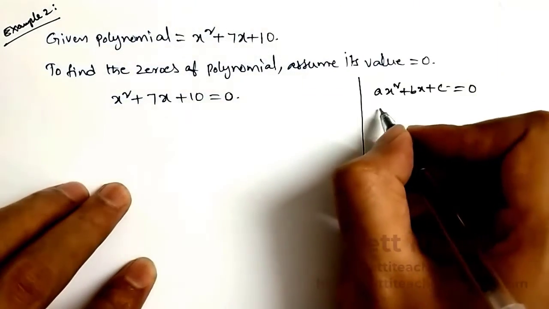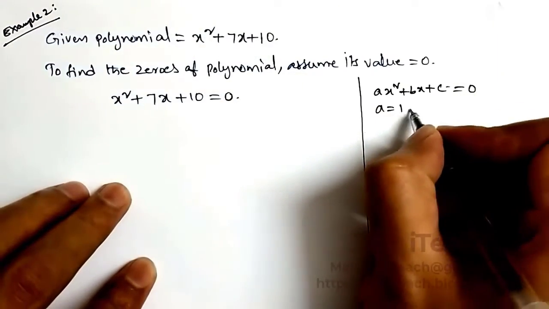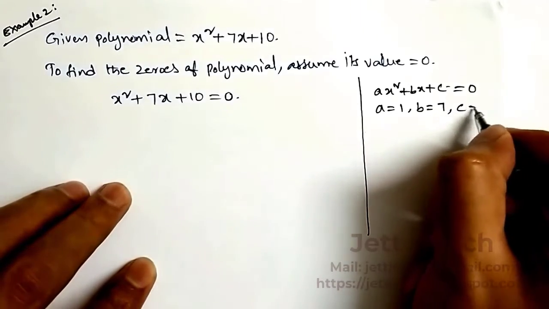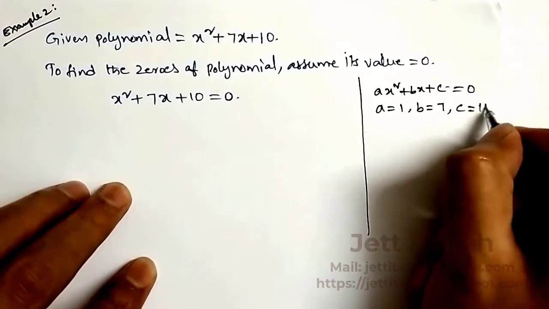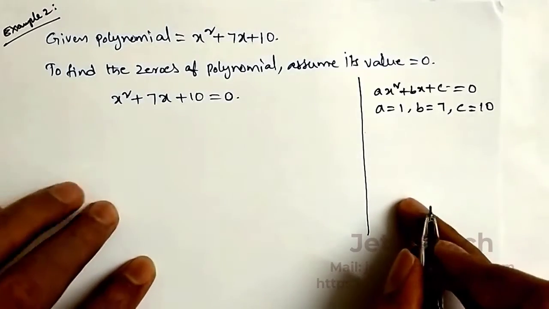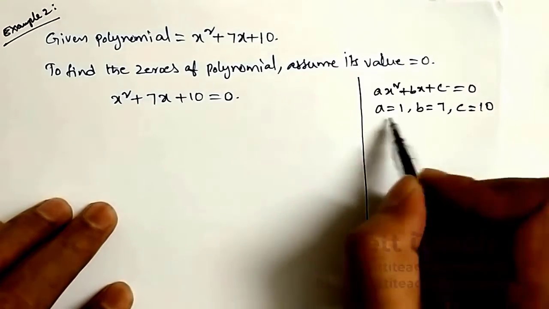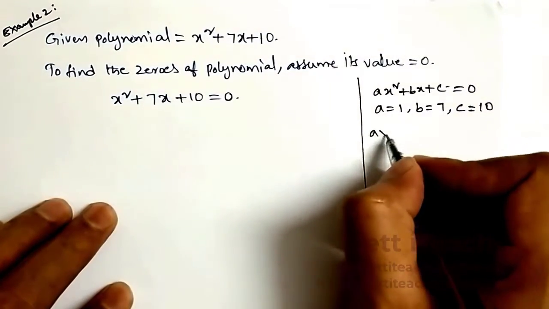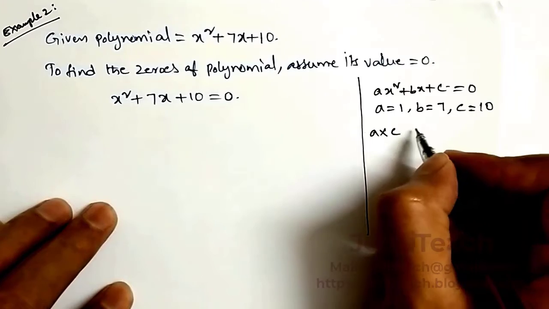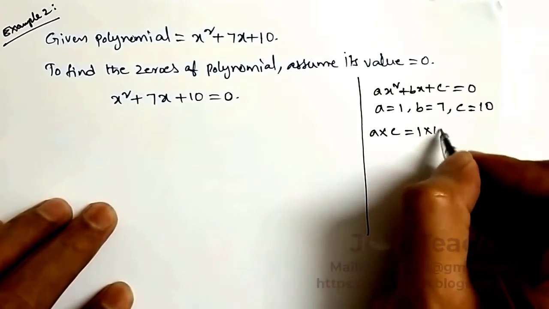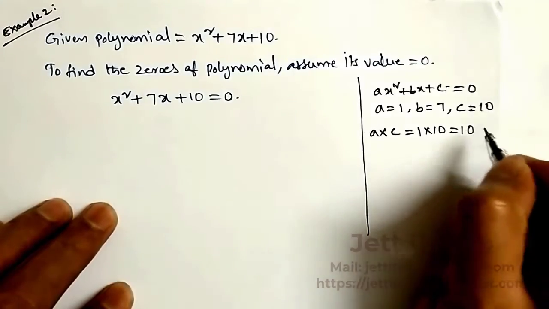Here a equal to 1, b equal to 7, c equal to 10. You need to find the product of a and c. A into c equal to 1 into 10 equal to 10.